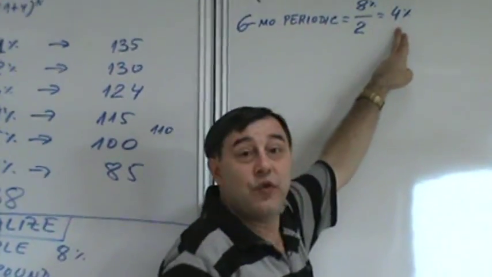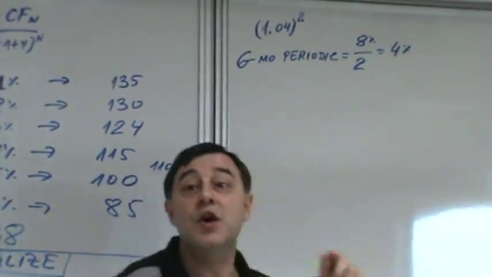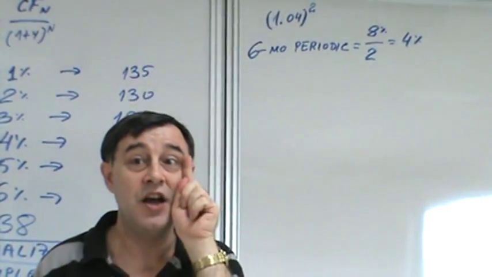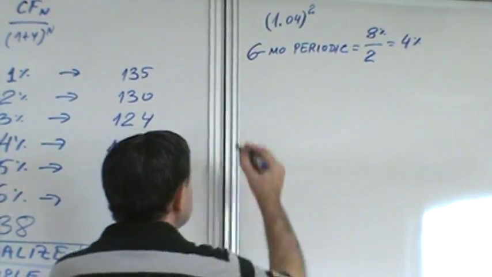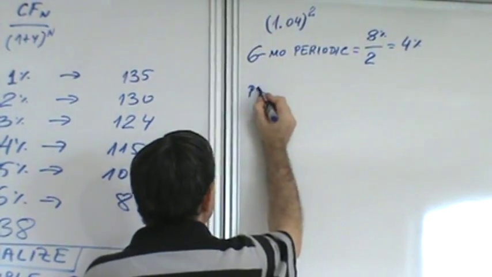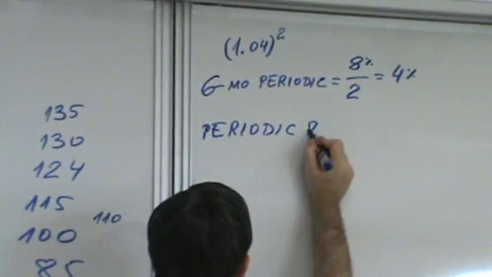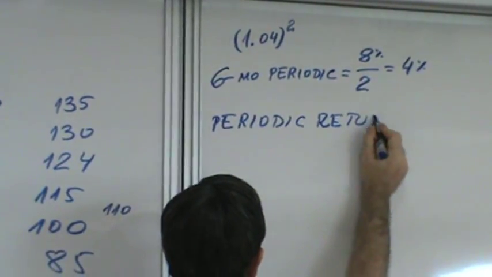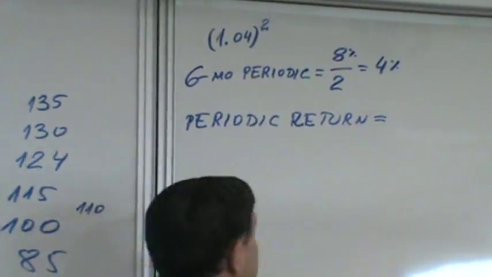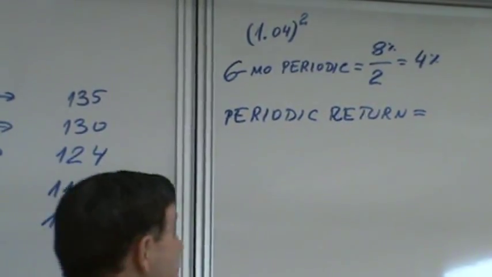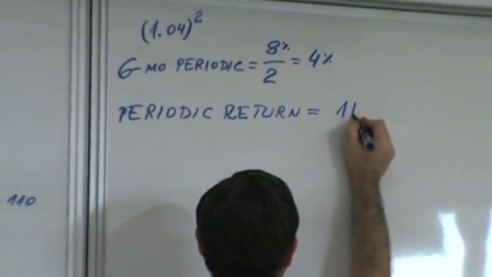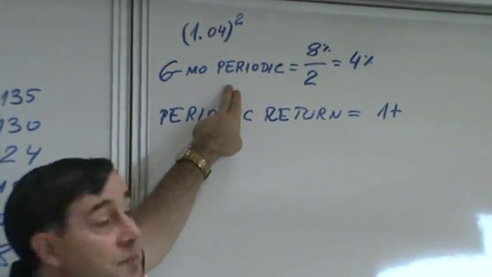So, if 4% is the coupon, we say that the periodic total return is simply 1 plus the periodic rate.